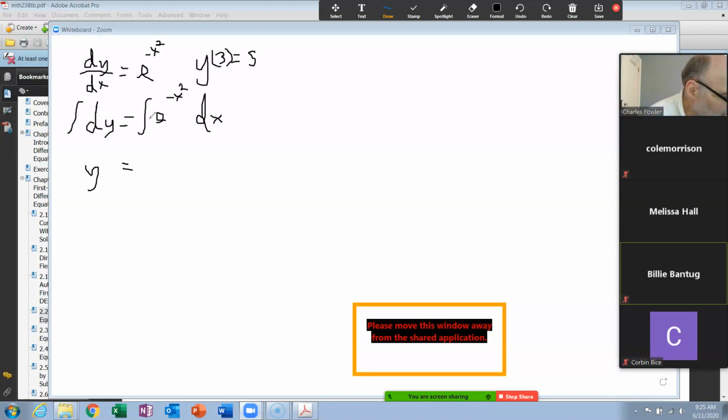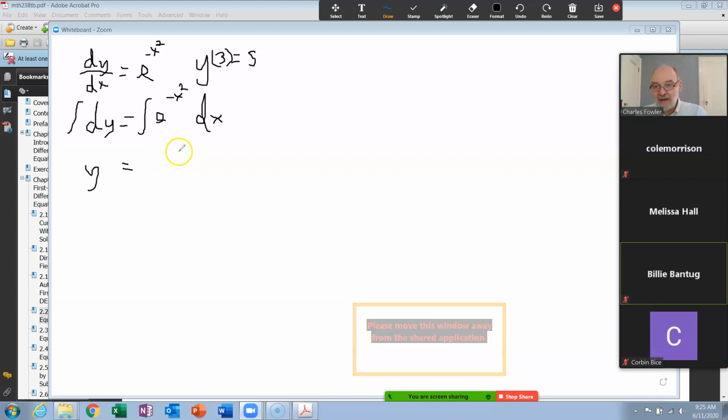Now, what they're going to do at this stage is make up a dummy variable over here, and that dummy variable will be our t. And we'll call this e to the minus t squared.